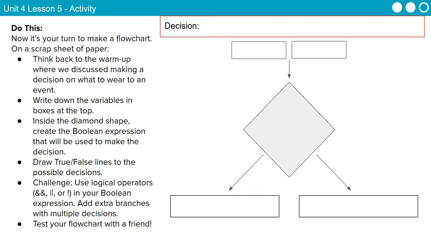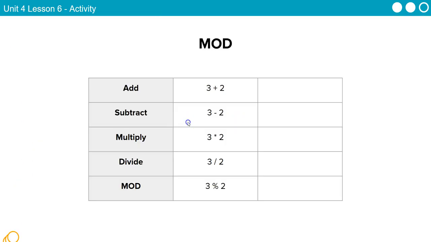Your project for Unit 4 is going to have you making a decision. In that planning guide, one of the steps is to create a flowchart. So you would have to list whatever variables you come up with, the decision that's being made inside of the diamond, and then if it's true, what happens, and if it's false, what happens. All right, so just kind of understand these are your variables. This diamond's your decision. And then these two boxes down here is what's going to happen if it's true and what's going to happen if it's false.